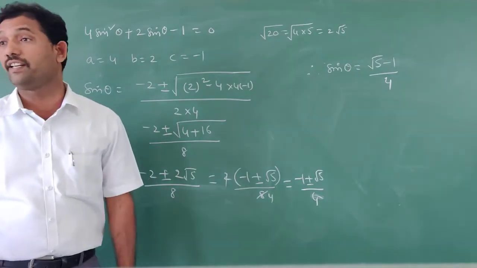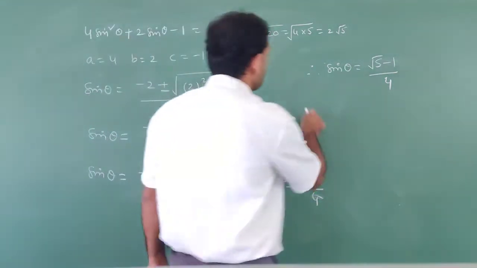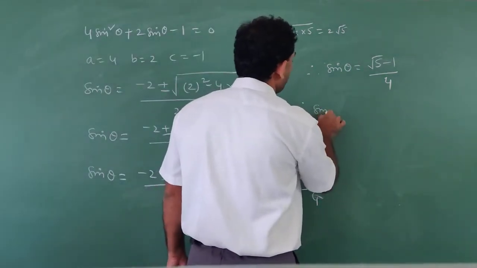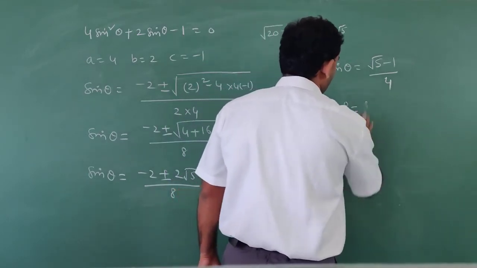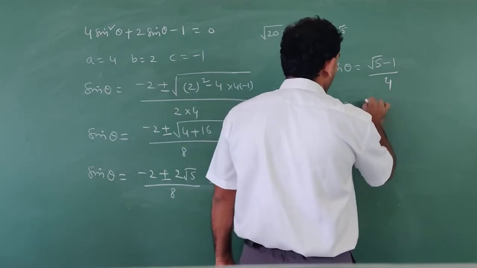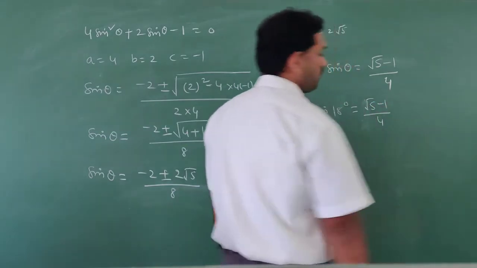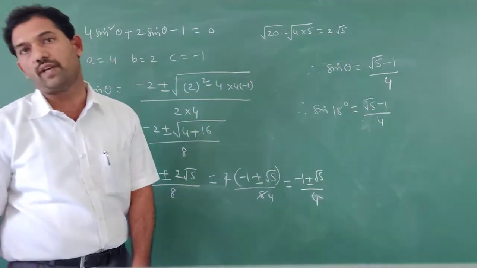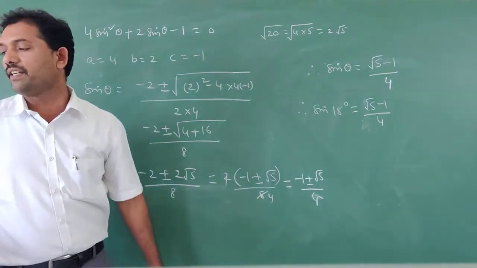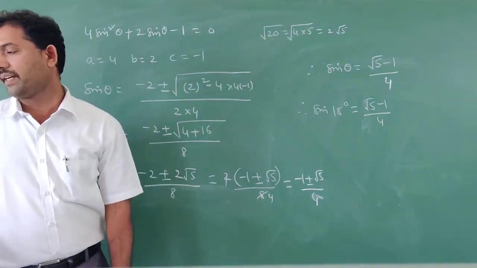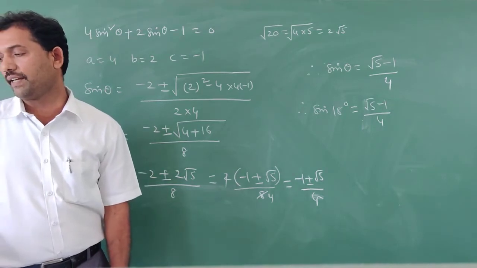Theta is equal to 18 degrees. Therefore sine 18 degrees is equal to root 5 minus 1 divided by 4. You take only the positive value, not the negative value. So that is the sine 18 degrees value.